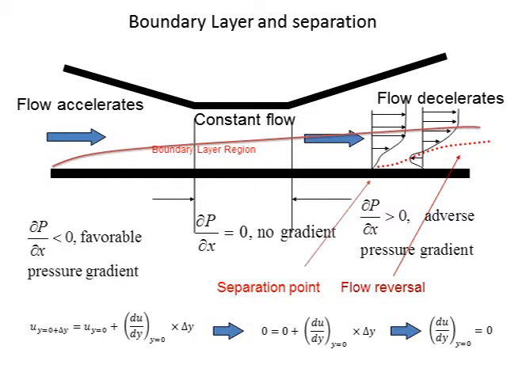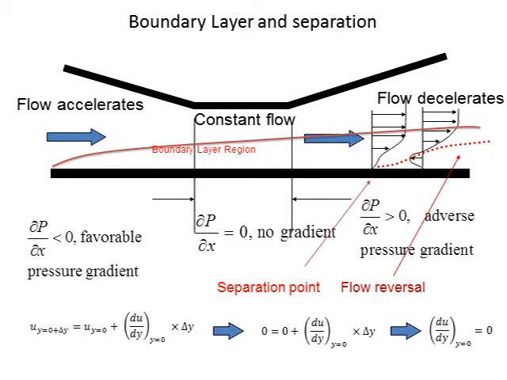In the convergent case, ∂P/∂x less than 0 is the favorable pressure gradient. In the second region, ∂P/∂x is 0, no gradient because the pipe is straight. In the third case, the flow decelerates, ∂P/∂x greater than 0, adverse pressure gradient.